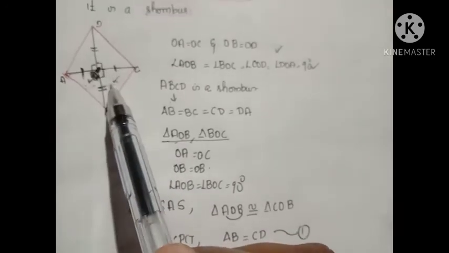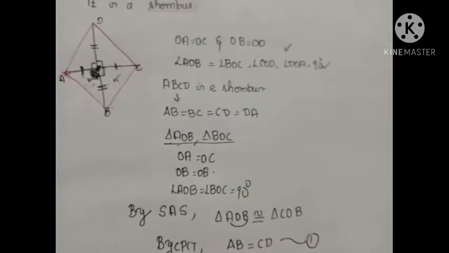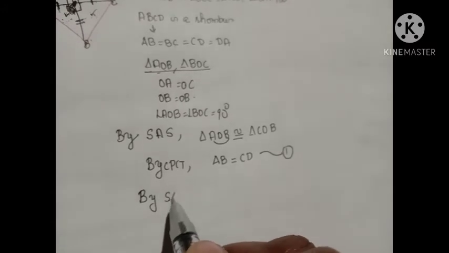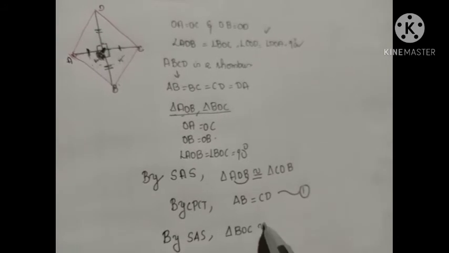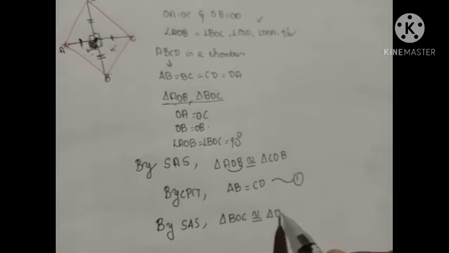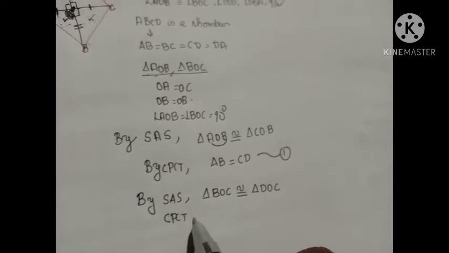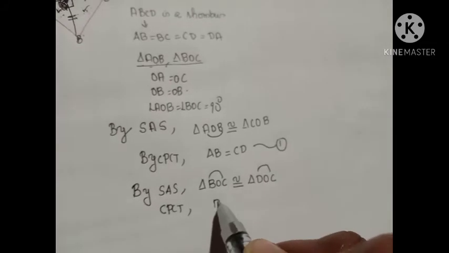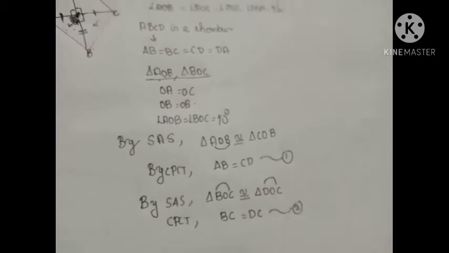Apply the same concept: take any two sides and the included angle. By SAS congruence rule, triangle BOC is congruent to triangle DOC. By CPCT rule, BC equal to DC. Put it as equation number 2.